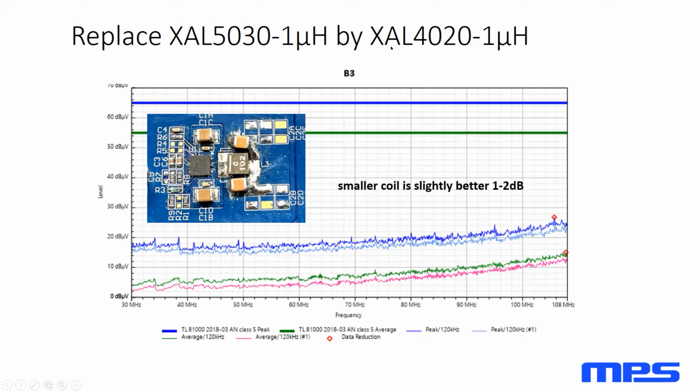We have to look at it. But this is the difference between a smaller inductor and lower profile. In this particular case, without looking at it, I'm pretty sure this inductor has the mounting terminals on the bottom anyway. So even with the mounting terminals on the bottom, the smaller inductor still is 1 to 2 dB better in this particular example.